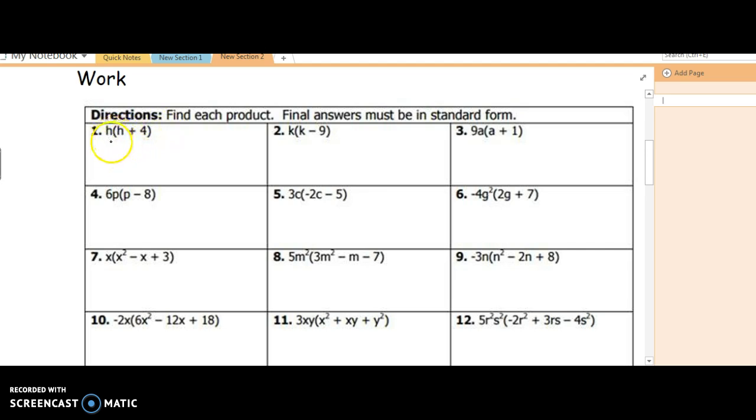So we're going to use the distributive property when we do this. H times h is going to give us h squared.